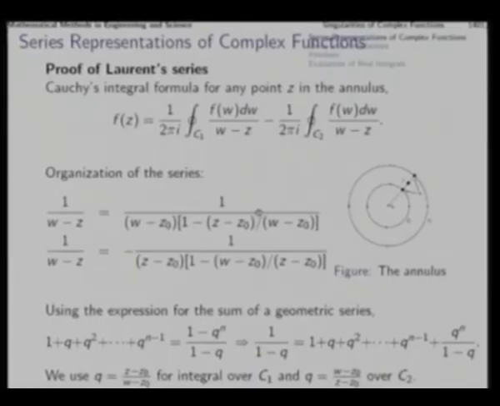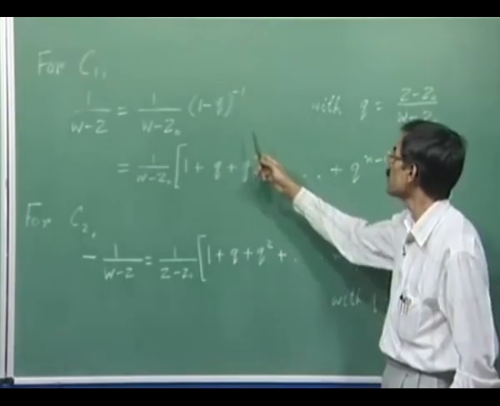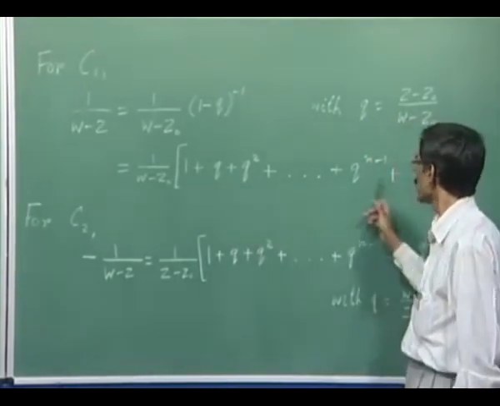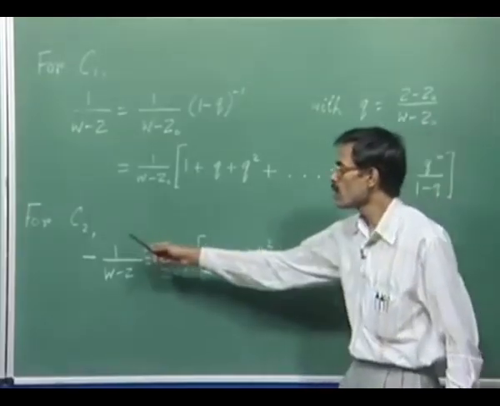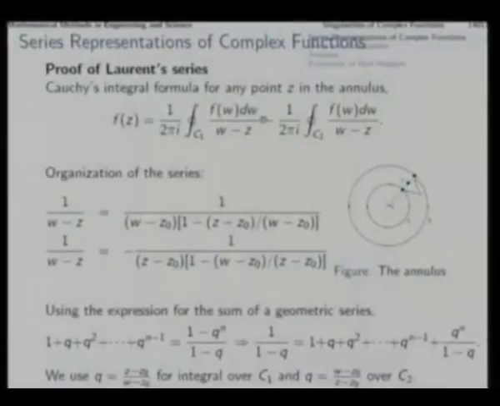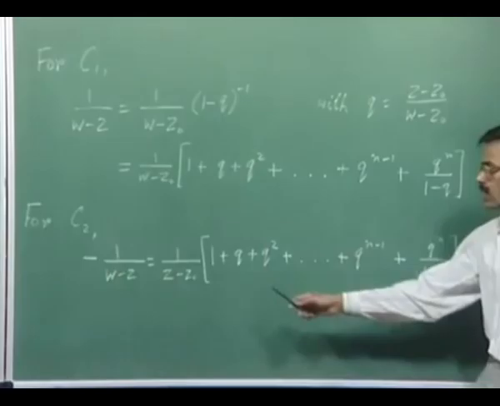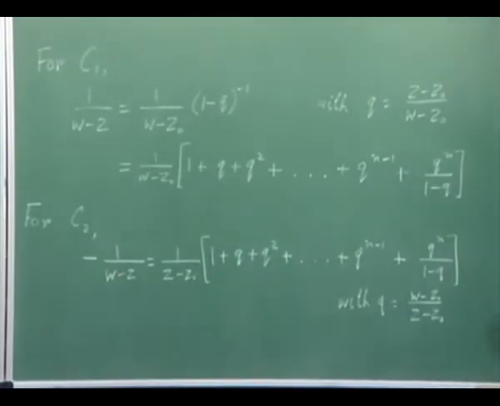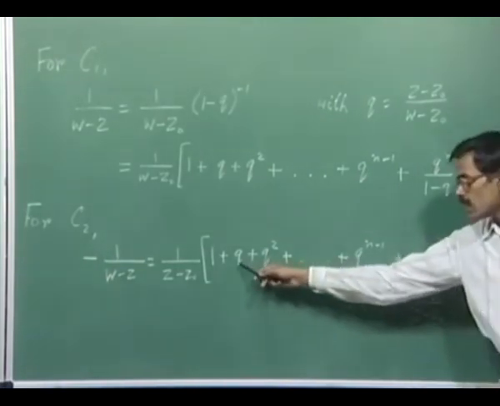For C1 we use this 1 minus q to the power minus 1 with this value of q, and as we expand this we get this, right. And similarly for C2 we will use minus 1 by w minus z including this minus here. Okay. So, that will mean that this minus goes off, and we have the rest, that will be 1 by z minus z0, and a similar sum, because that also will be 1 minus q to the power minus 1 only with a different expression for q. Okay. So, that is this.